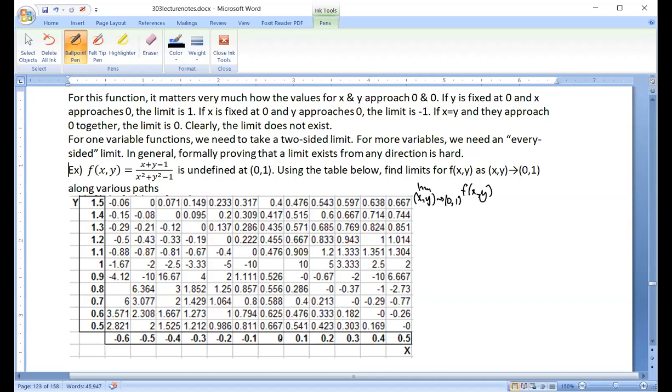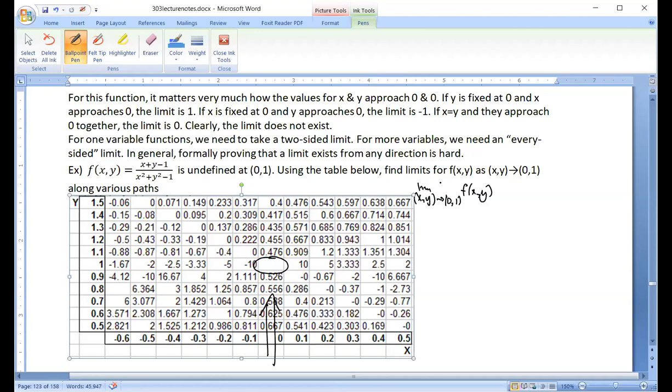If x is constant, we need x to be fixed at 0. That'll get us to the point 0, 1. So x is fixed at 0, we can approach this way. Look at these numbers: 0.66, 0.62, 0.58, 0.55, 0.52. And of course, there's our target point. What does the target value look like? Target value looks like it's coming in to be 0.5.